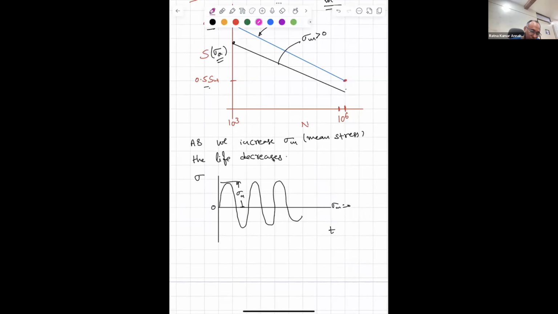But if you have non-zero mean stress, like repeated loading, then my mean stress sigma m is greater than 0.